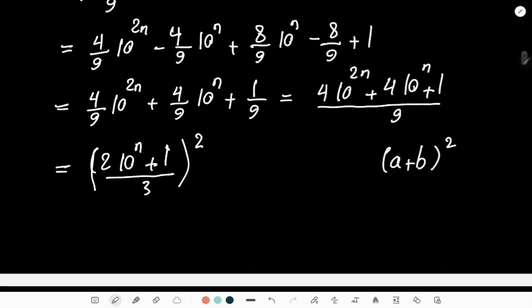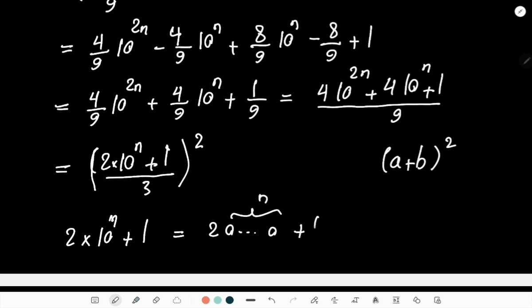So let's take a look at the number in the numerator. Basically the number in the numerator is 2 times 10 to the power of n plus 1. If you pay attention to this number, this is something like 2, 0, 0, n times, plus 1. The sum of digits in this number is always 3.